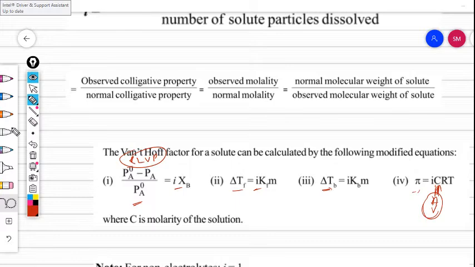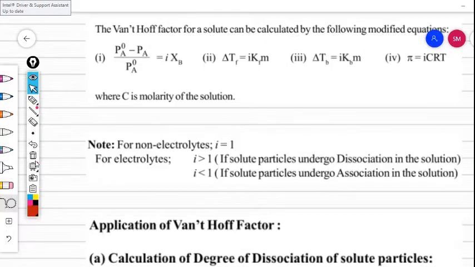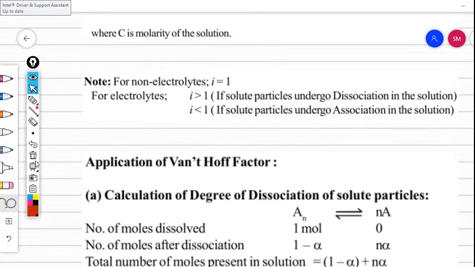Based on the observation, you can identify whether they are electrolytes or non-electrolytes. Non-electrolytes, which neither dissociate nor associate, like glucose, will always have i value 1.